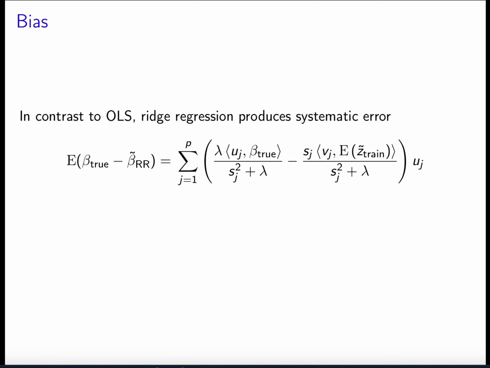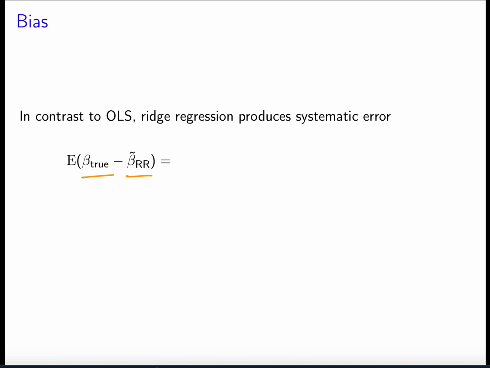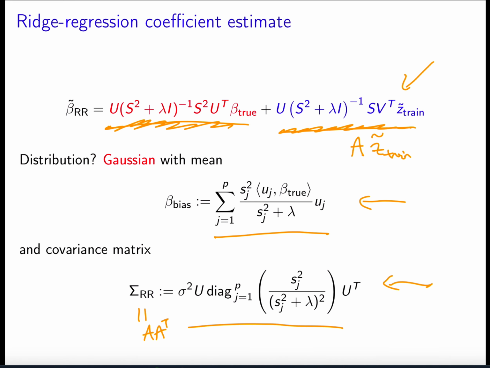So we end up with this expression, where again, this guy that depends on the training noise is going to disappear because that's zero mean. So we end up with this expression. Okay. Again, where does this come from? We have taken this guy and we subtract beta true.